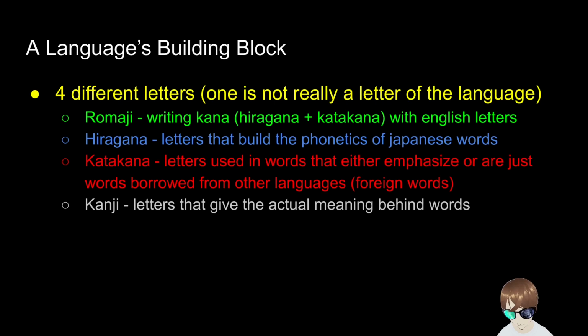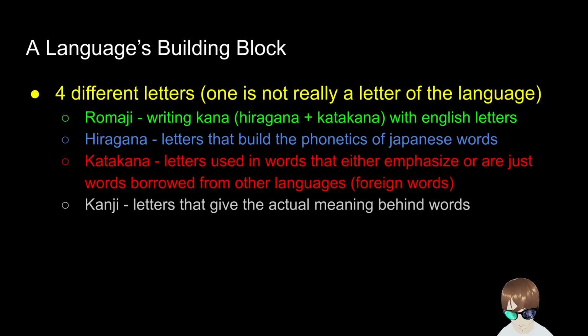And hiragana is the letters that you actually write, and they are just the phonetics of each of the Japanese words. So let's say you write a word. When you go to pronounce that word, these letters, both the hiragana and katakana, form what the word sounds like, basically, if you were to write them in hiragana or katakana.